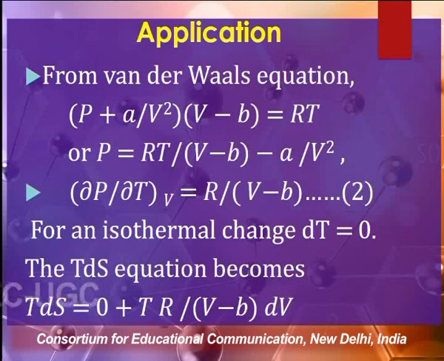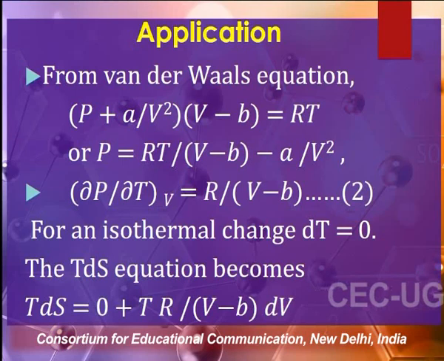Let me differentiate this equation with respect to temperature at constant volume. Then what will I get? (∂P/∂T) at constant V is equal to R/(V minus b). Call this equation 2.